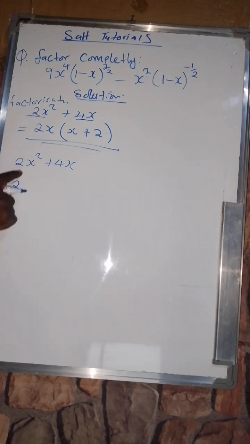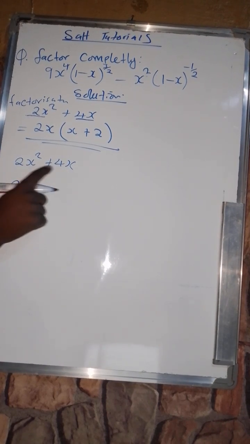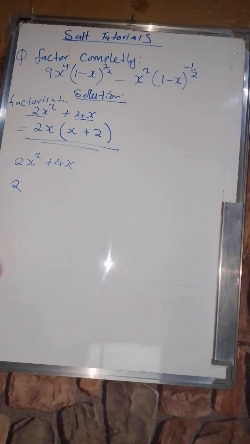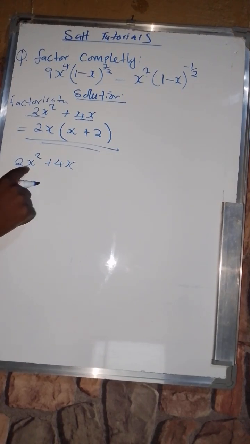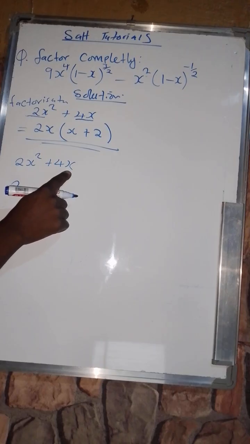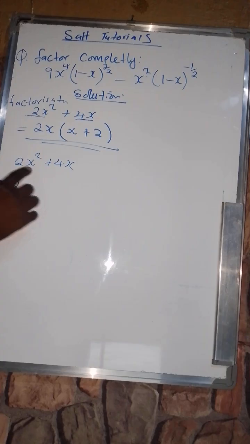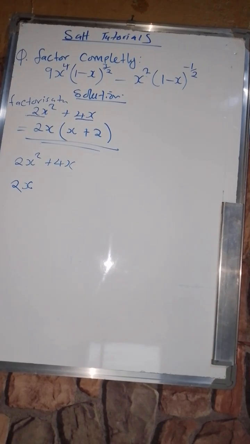So 2 of power 1 will be factored out, but it's not only the 2 which is common, I can also see an x which is common. So I factor out the x outside. Now the question comes, which do I factor out between x squared or x? We factor out the term with the lowest power. There is a square, there is power 1, so it's x power 1 which is going to come outside.